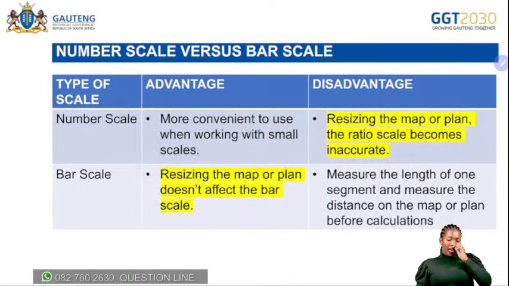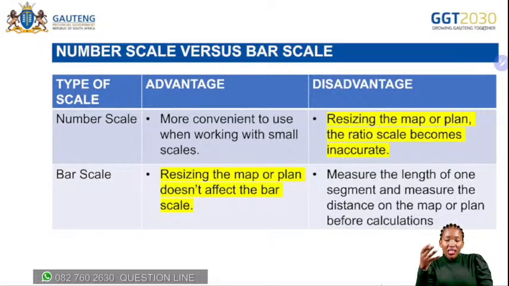Now, guys, as much as we are now familiar with the calculations involving a bar and a number scale, sometimes the map or picture that you are working with is not the original image. It not being the original image could mean that more photocopies were done, and as we make more photocopies, the picture or the map got resized.